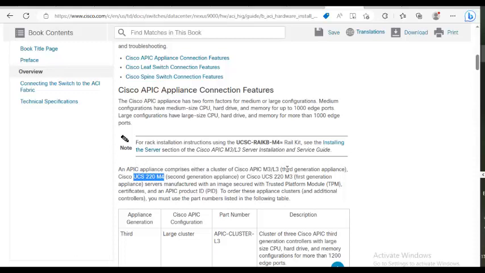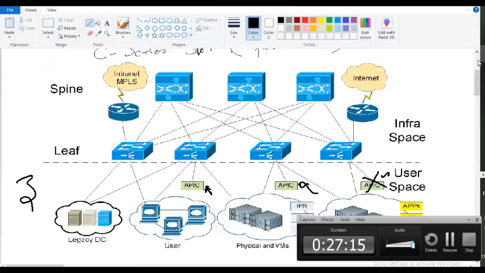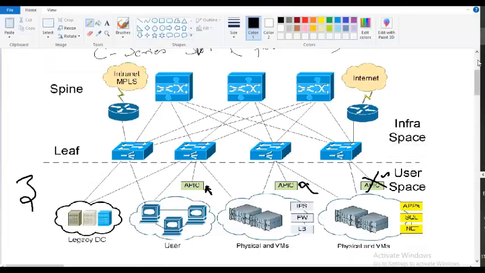Likewise, the third generation is written to M4, sorry, M5. Though they have not mentioned, that is actually M5. M3 or L3 is written into Cisco UCS 220 M5. All right. So that's about APIC for now.